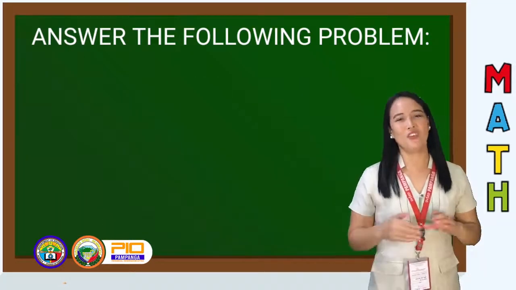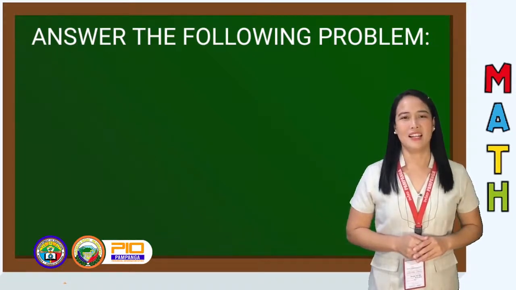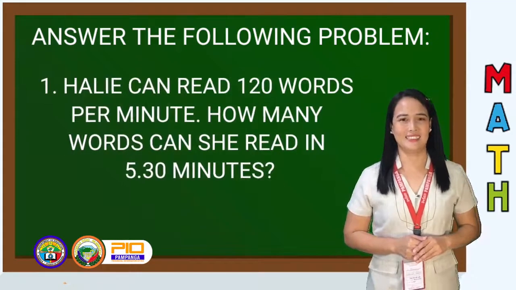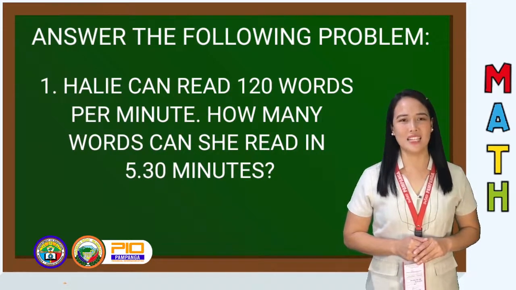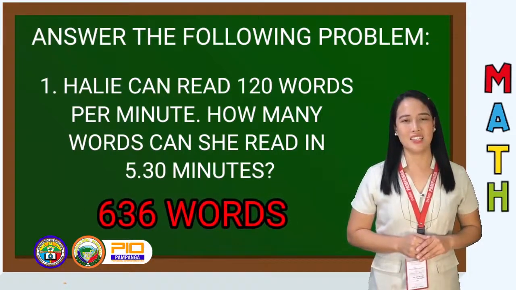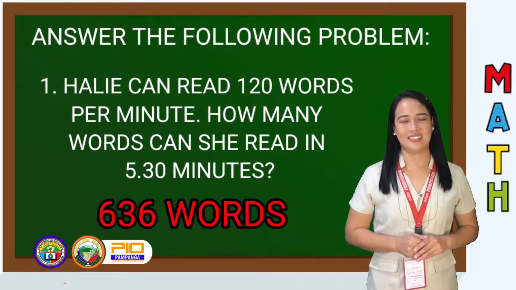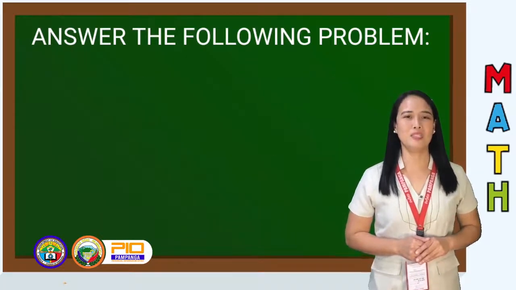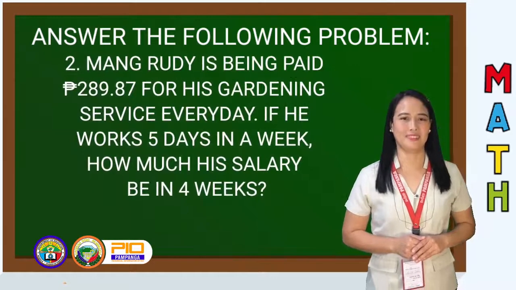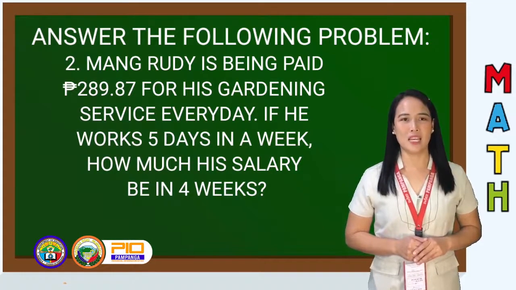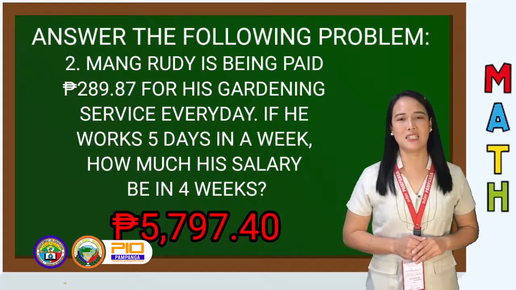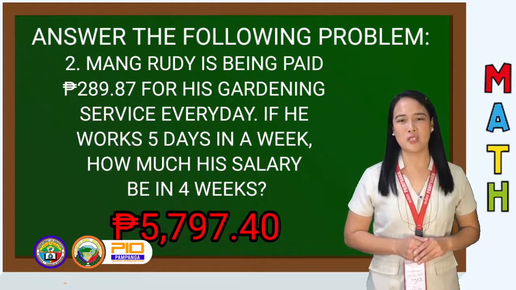Now, let's see if your answers are correct. Let's have number 1. Yes, for number 1, the correct answer is 636 words. What about number 2? The correct answer for number 2 is 5,797 pesos and 40 centavos.